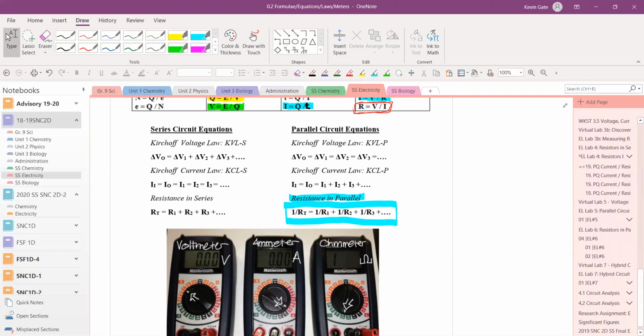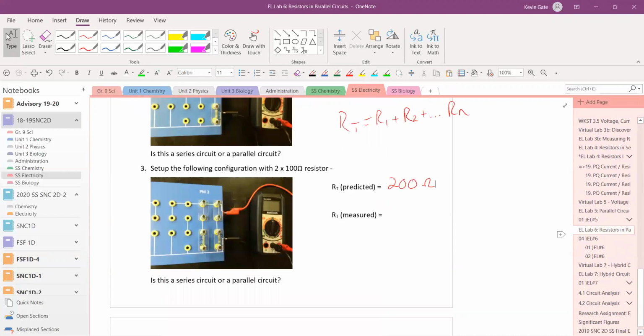So if that's the case, 1 over RT equals 1 over R1 plus 1 over R2. In this instance, 1 over RT equals 1 over 100 ohms plus 1 over 100 ohms.